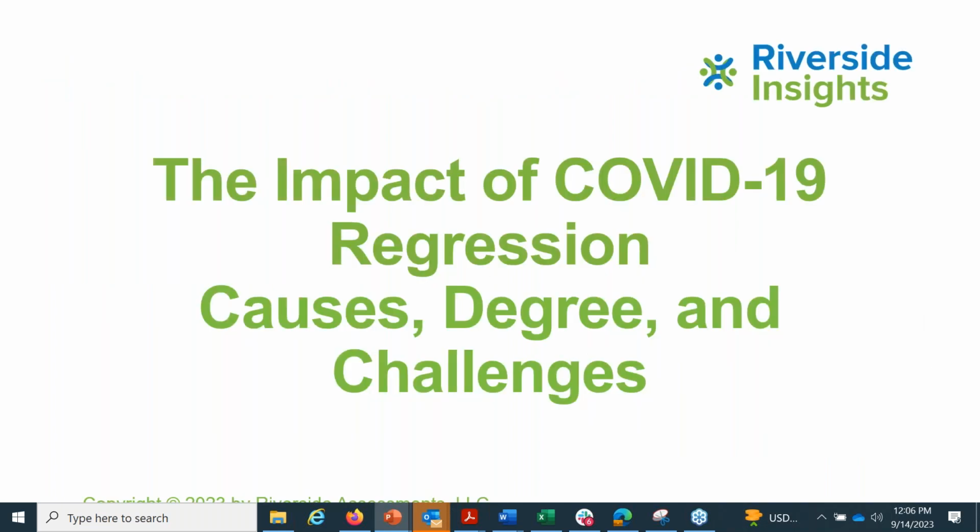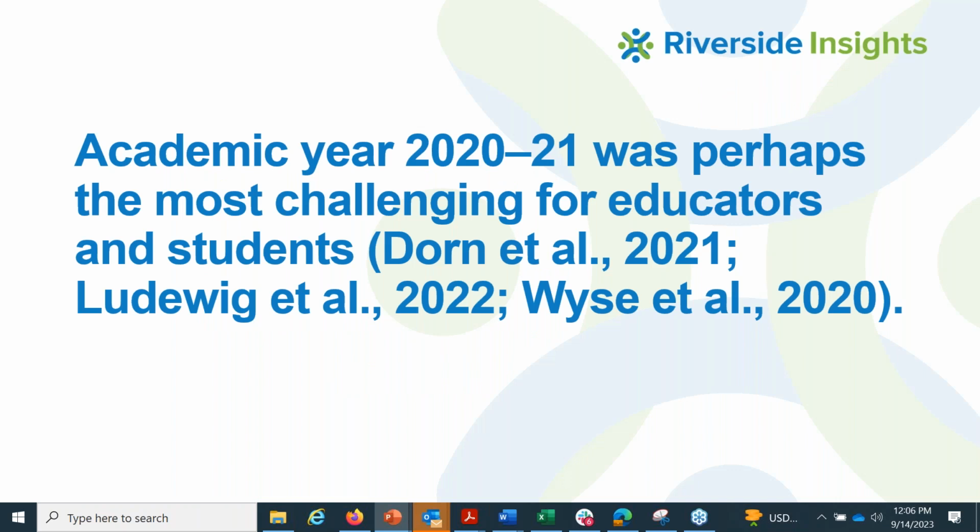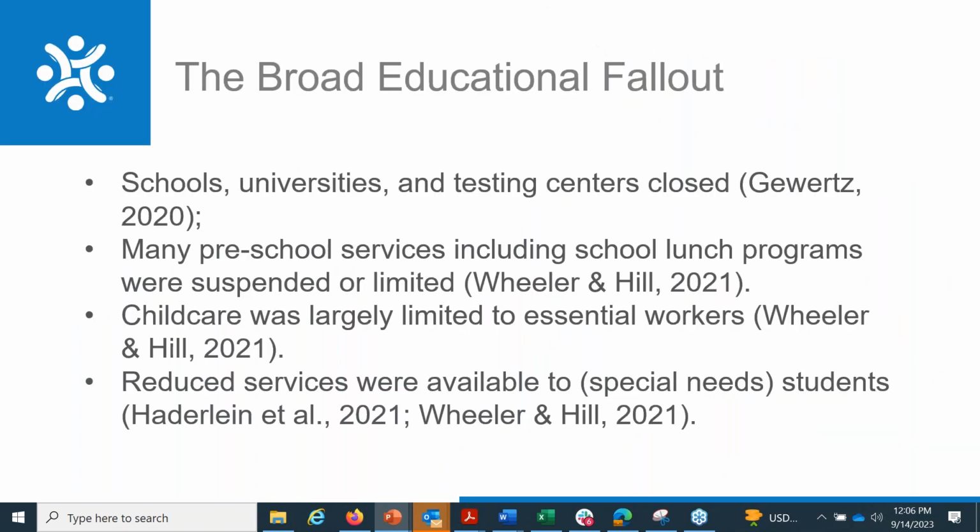So we're going to look at some of the impacts with regards to COVID-19, some of the causes. We know that academic school year of 2021 was perhaps the most challenging for educators and students. And to me, it's so surreal when I think back on what actually happened.